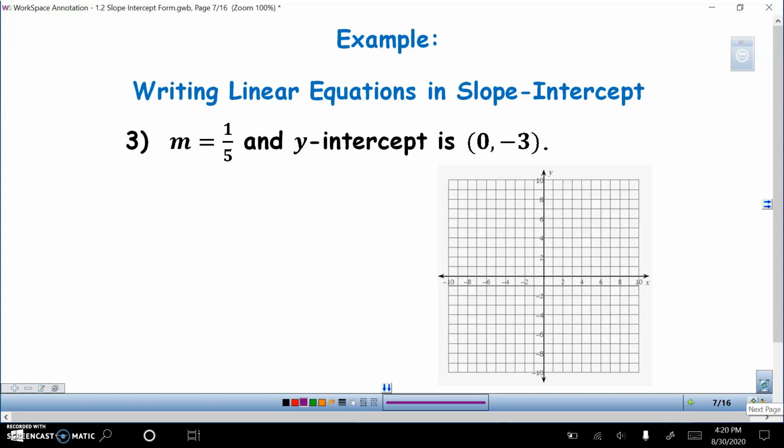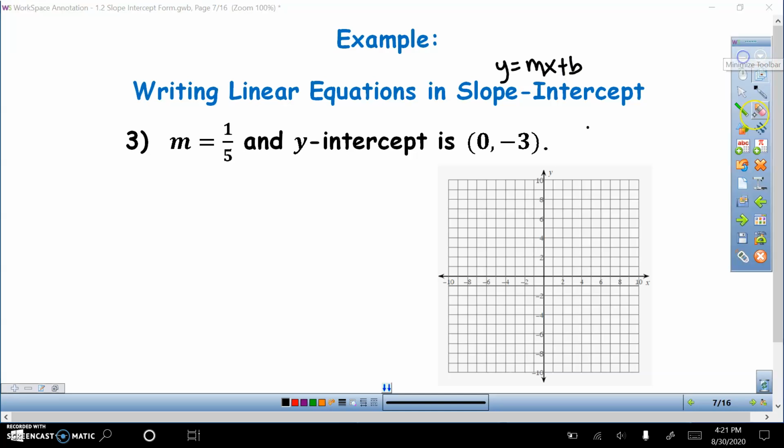All right, so let's get into some examples here where we write the linear equation in slope-intercept form. So y equals mx plus b. So you'll notice you are given your m already. And remember, y-intercept is where x is 0.